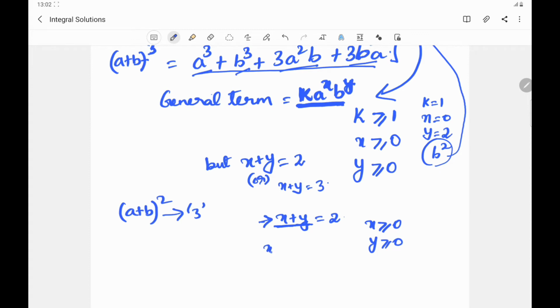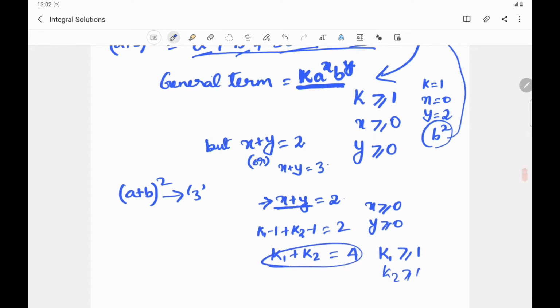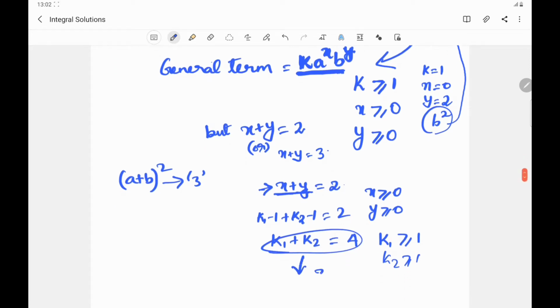How to find it is simply, if you have seen the earlier videos, x is replaced by k1 minus 1 and y is replaced by k2 minus 1, and this is equal to 2. So k1 plus k2 is equal to 4, where k1 is greater than or equal to 1 and k2 is also greater than or equal to 1. The solution to this equation is: out of 3 gaps, I will select 1, which is nothing but 3. So we have got the number of terms, which is the same as the number of terms in the expansion (a + b) whole square.